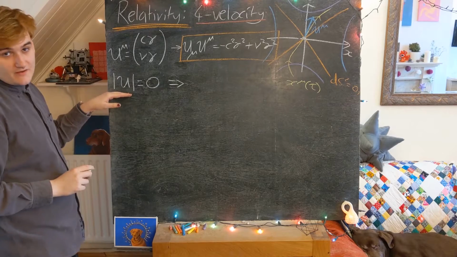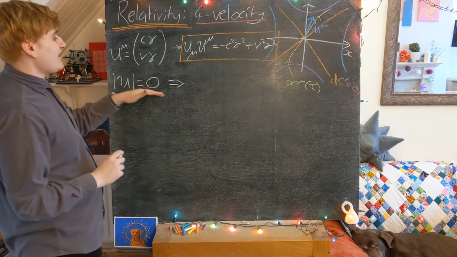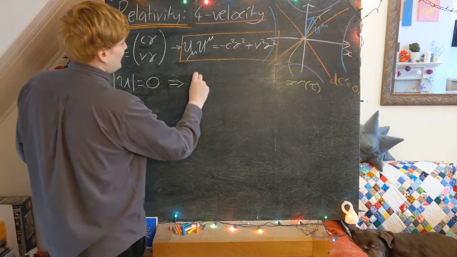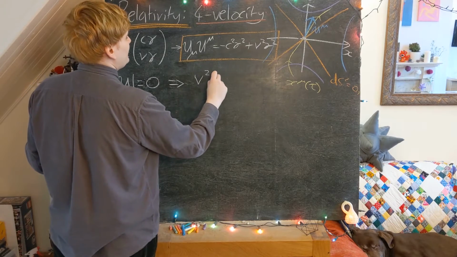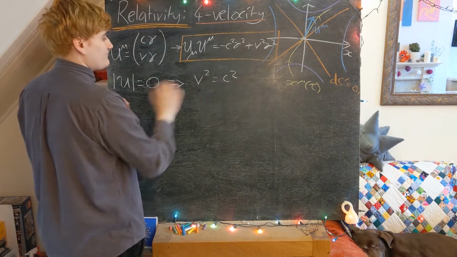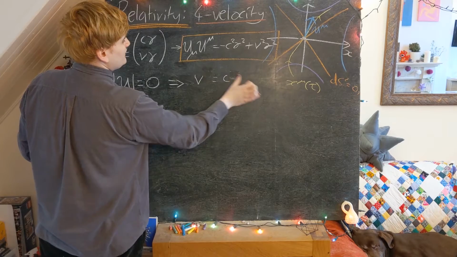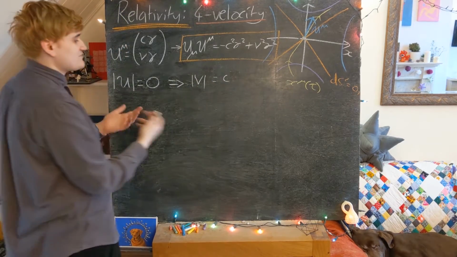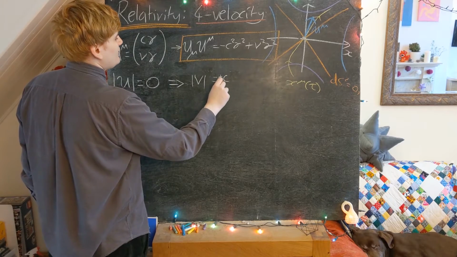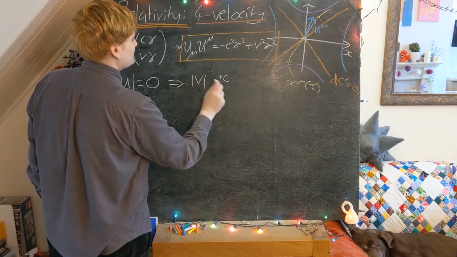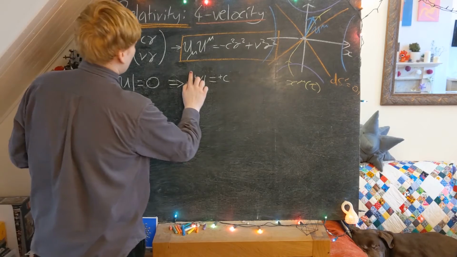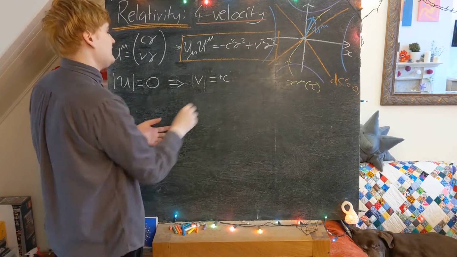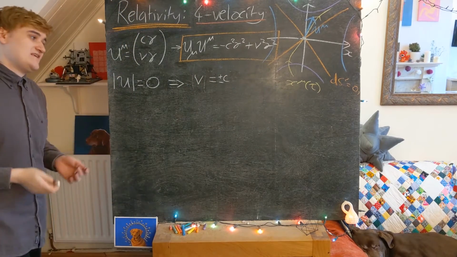So when the full velocity length is equal to 0, as we saw, this implies that v squared is equal to c squared, or equally we could write that the modulus of v, or the absolute value of v, has to be equal to c, or simply just that v is plus or minus c.